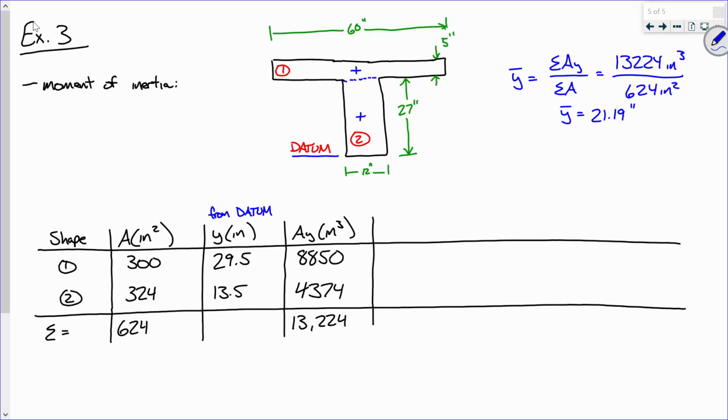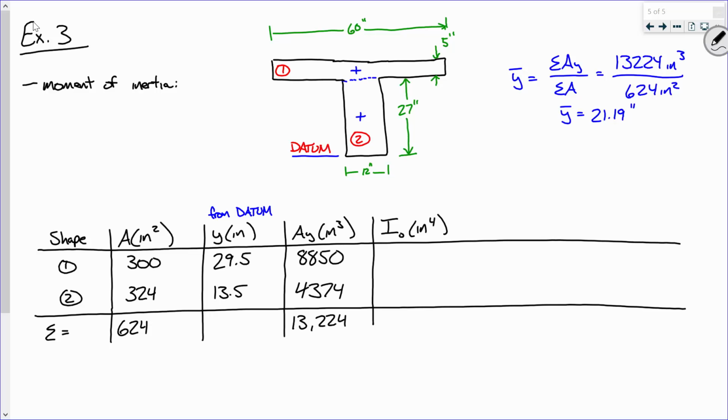Okay. Now, next step we need the moments of inertia of each individual shape. I call those I sub zeros or I sub naughts, in inches to the fourth. Let's just go back. What's the moment of inertia of a rectangle?